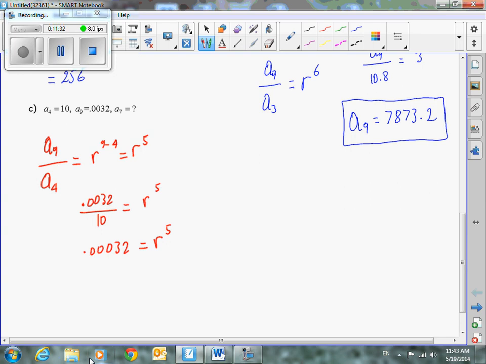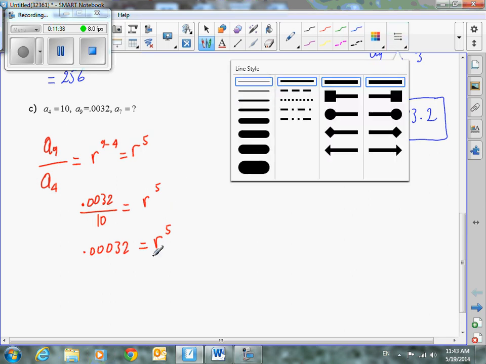Now from here we need R. What do you think I should do to get R alone? I will apply the root, yes, but how do you call it? It's not the square root, but the fifth root. You just call it the fifth root.